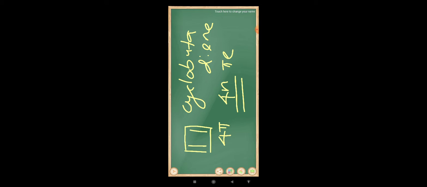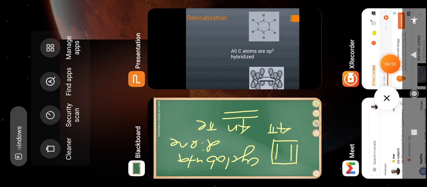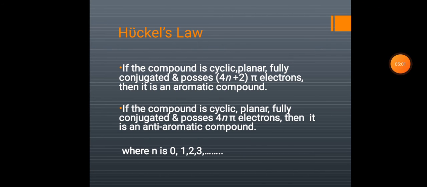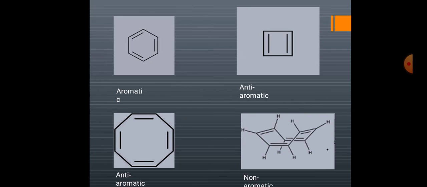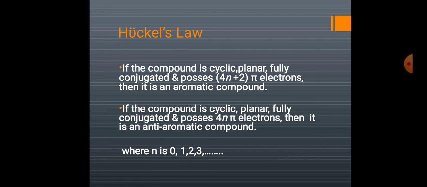And if the compound is non-planar, for example, if you take this particular compound, cyclooctatetraene, it is non-planar, so it is non-aromatic.